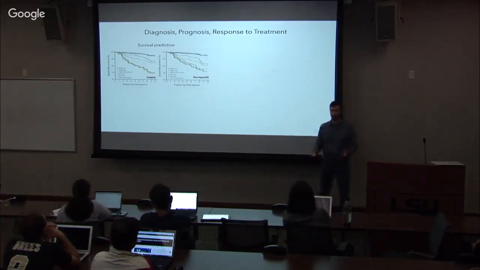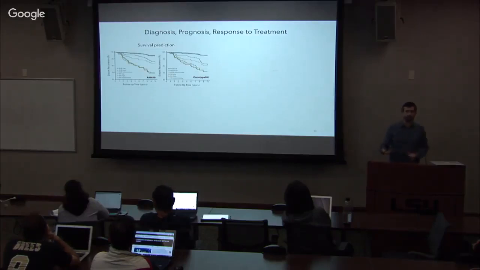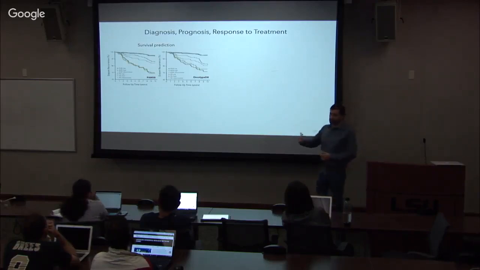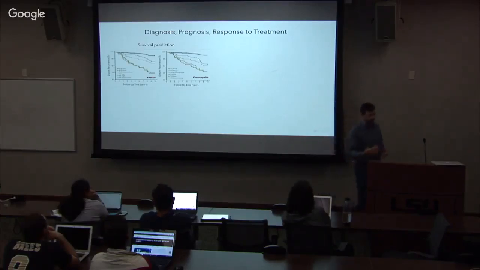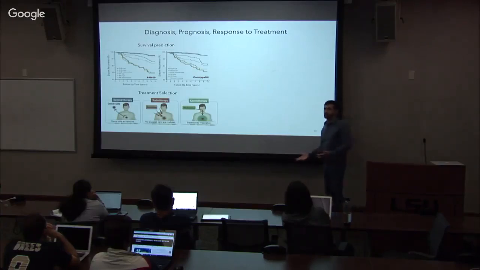These are two commercially available panels that are used in clinics to understand survival rate and the rate of recurrence for different groups of patients. So you might want to understand whether a patient has a high risk of recurrence or of death or low risk, and based on that understanding, you can now select different treatment strategies.